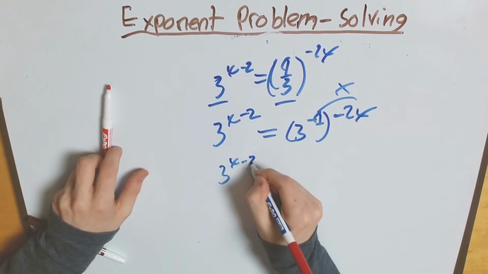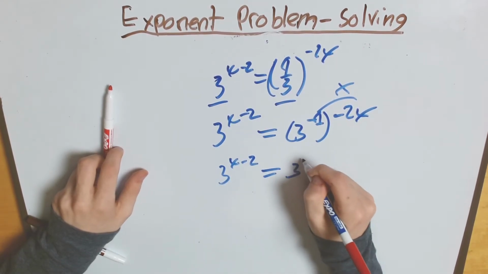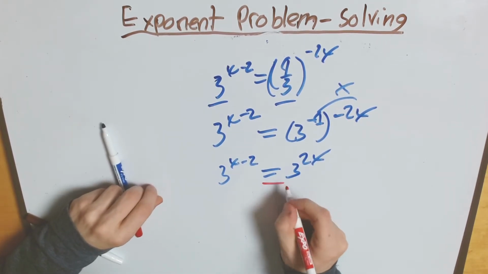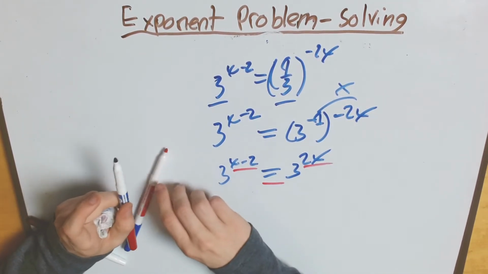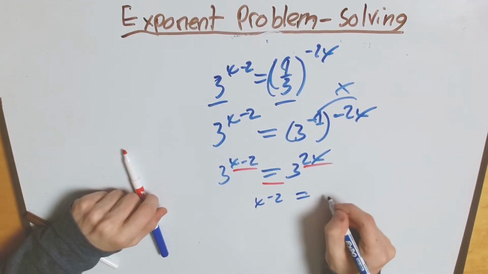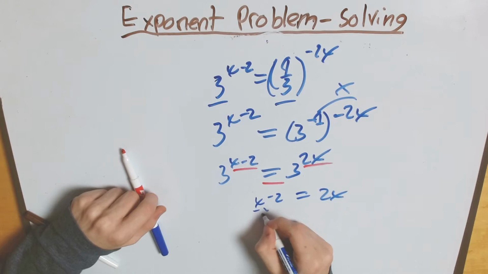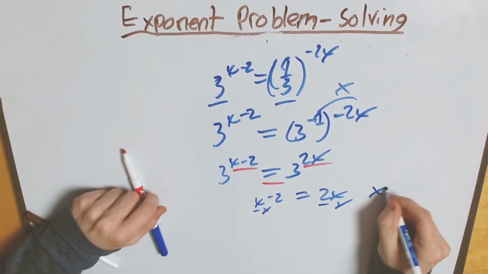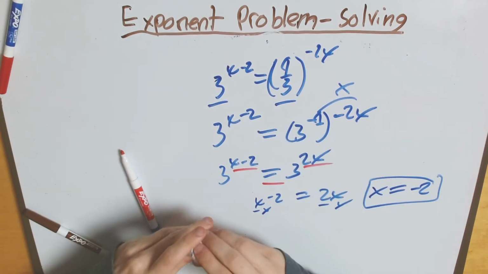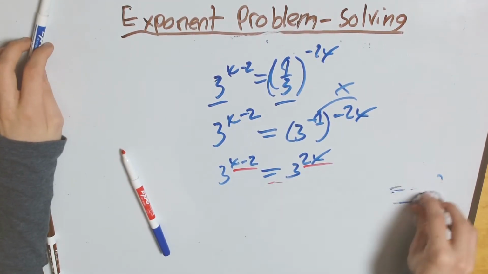That's 3 to the x minus 2 equals 3 to the 2x. Since we're equal, the exponents have to be equal. So I'll just set them equal like this. x minus 2 equals 2x. I have x equals negative 2. Boom, I can just solve my problem just like that.